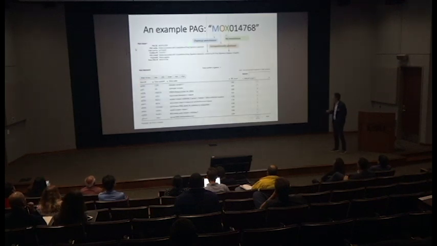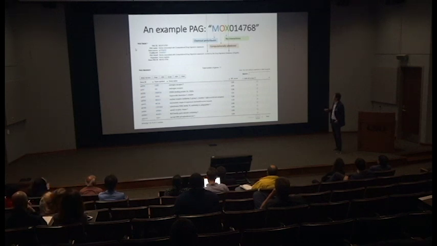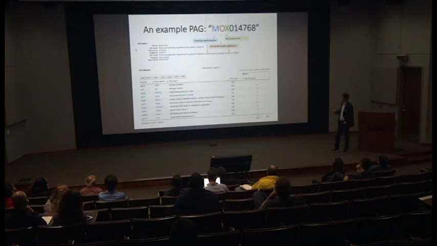In fact, we have a standard representation and database for it. We use a three-letter code to indicate where it's coming from and whether it's computationally or experimentally derived, or any kind of details that have been captured.